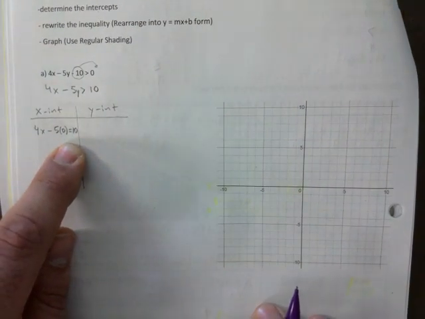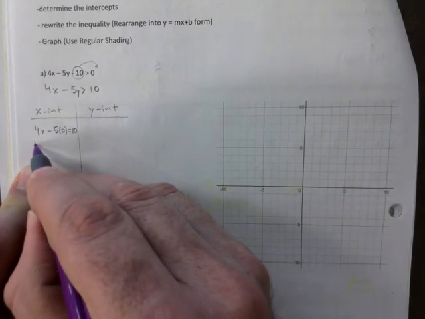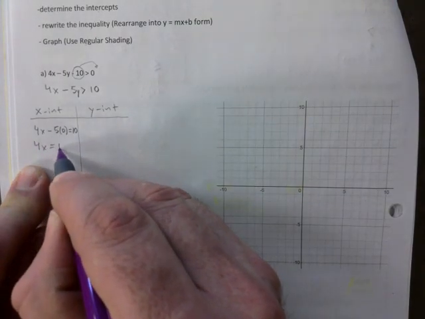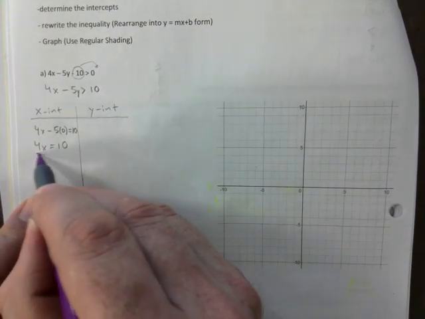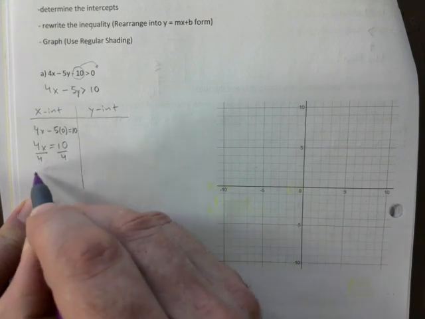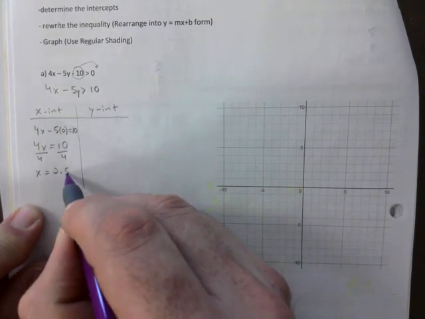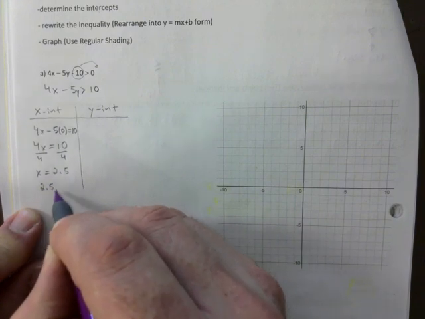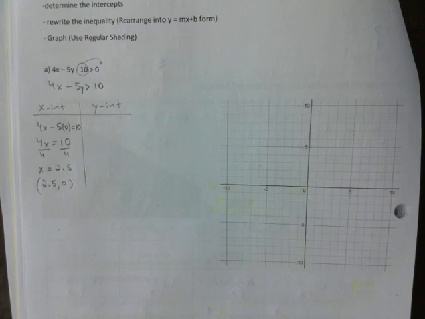There's no equal sign. Just for now, just do that little experiment with me, okay? Then it's 4x is equal to 10 because the 5 times 0 is gone. Divide both sides by 4. x is equal to 2.5. And then you go 2.5, 0, stated as an x-intercept, okay? It's not an equation, it's a point.